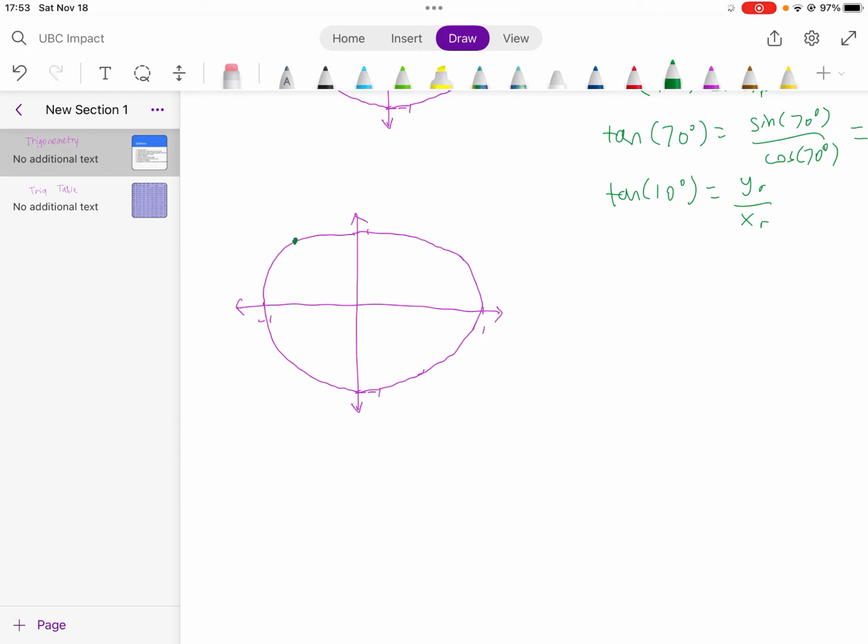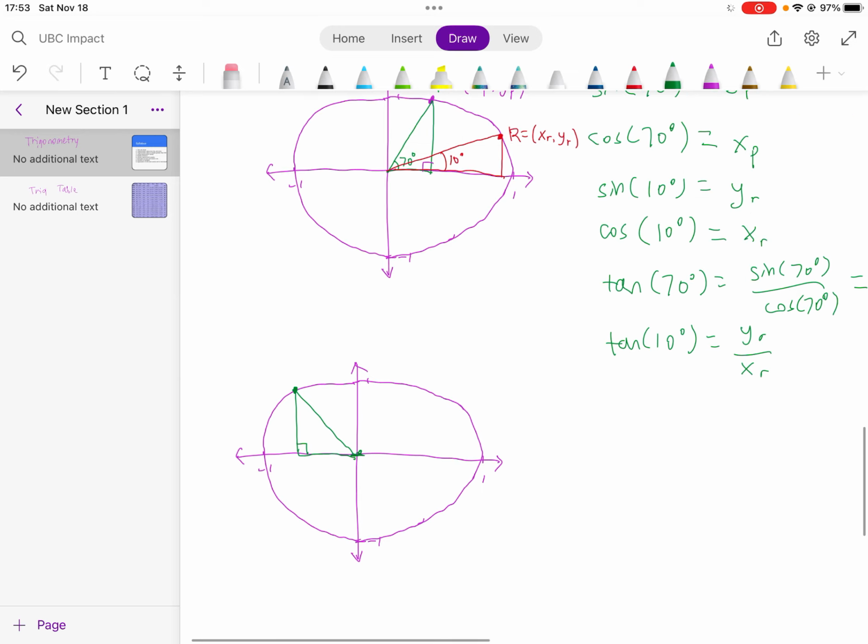And then we do the same thing: we connect it to the origin, we draw a line straight down, and then we connect this here. Now the right angle is here, and we have an angle. Now you might be tempted to draw an angle here, right? But no, the angle always has to start from this quadrant. I will use a different color to emphasize: the angle needs to start here.